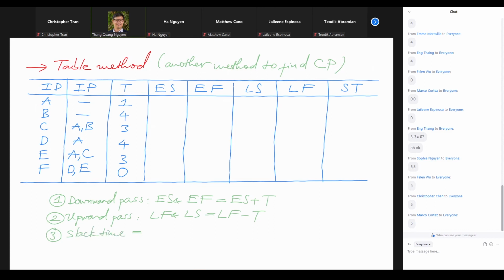Either we take the latest start, subtract the earliest start, we compare the two different start dates, or we compare the 2 finish dates, LF and earliest finish: latest finish, subtract the earliest finish. And then finally, after we do all this, we can also find the critical path.